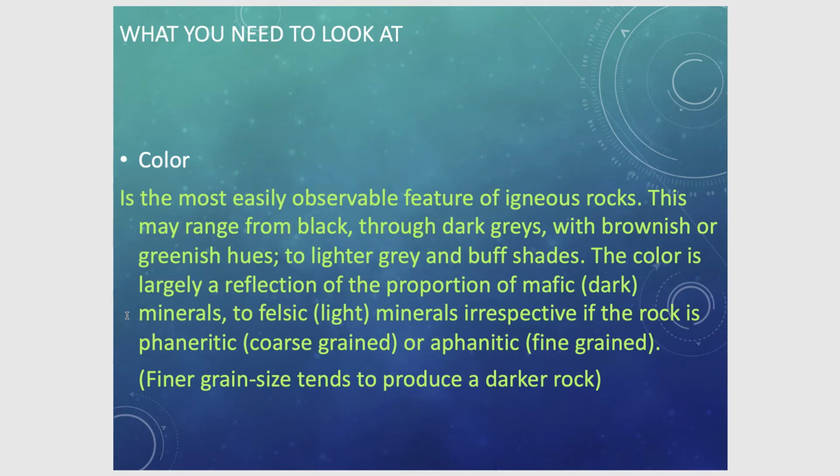And usually it is mostly conditioned by the abundance of felsic versus mafic minerals. Okay, so the color is largely a reflection of the proportion of mafic and felsic minerals, and this is really irrespective of the grain size.